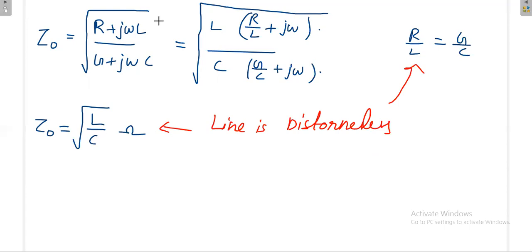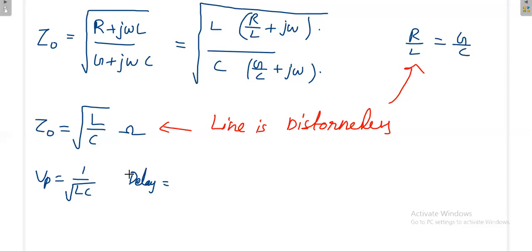Now finally I'll conclude all the things. One more thing we have left out. We know what the phase velocity is when it is distortionless: 1 by square root of LC. Now, how to find the delay? The delay we denote in our notation is the delay per unit length.